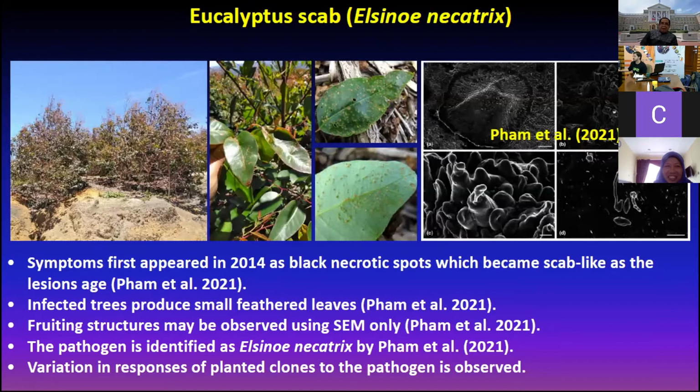I was in the organization in 2014, and we had no idea what that was, what caused the abnormality. We thought it was abiotic factors like herbicide, fertilizer, and things, because there was no pathogen identified or isolated from the infected tissue.